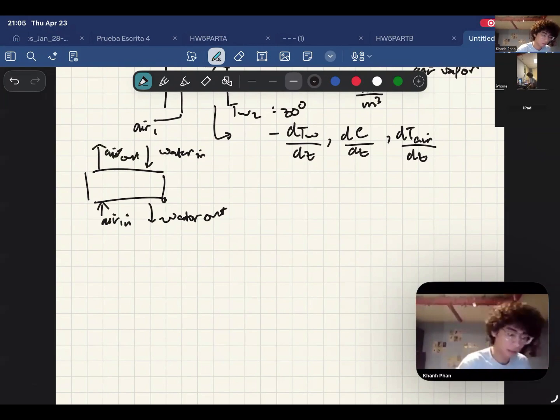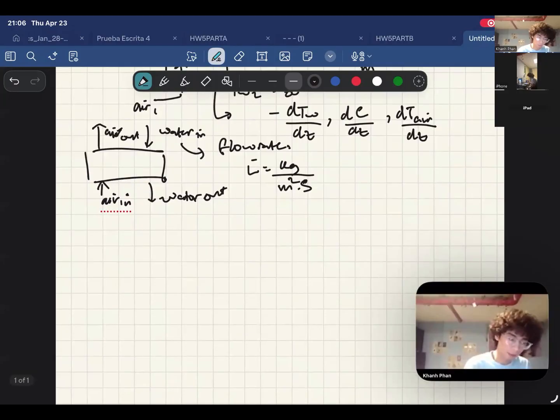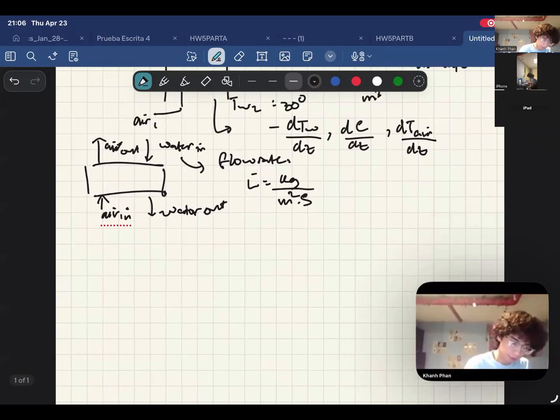Let's say water has a mass flow rate L, with a unit of kilograms per meter squared per second. Now we can start with the first one, the change in temperature of water with respect to z.